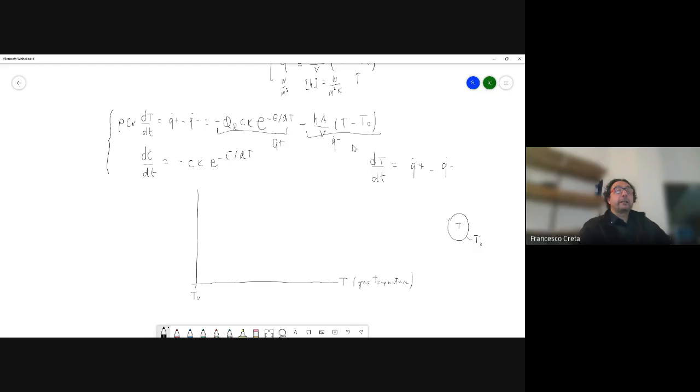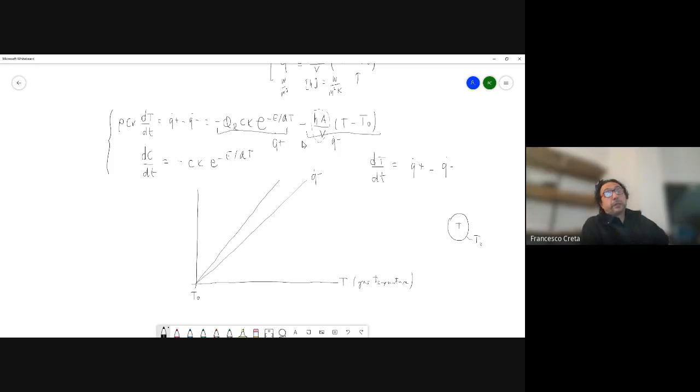Q minus is a linear function, and so here, I'll draw two, because clearly the slope of Q minus is decreasing as we decrease this constant here.